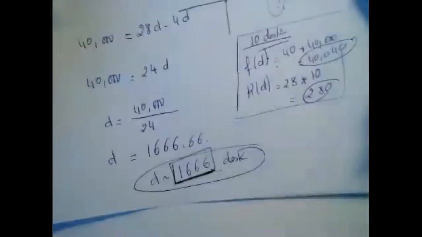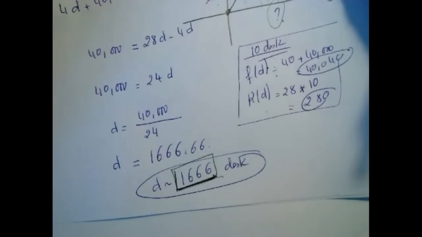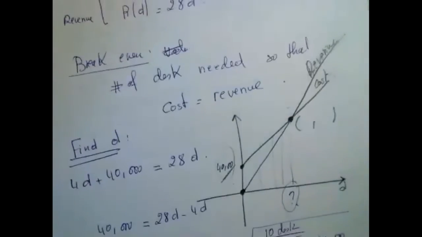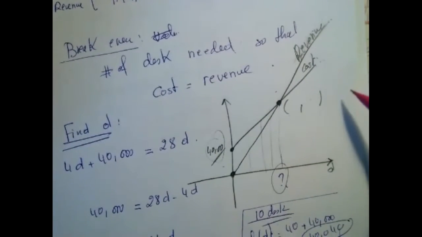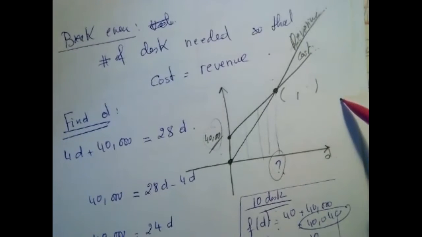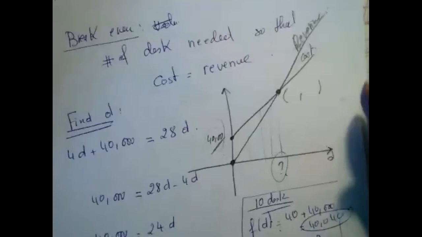Do we need to find the points, like what it will be on the graph? I don't understand the question. Please repeat. Now we know that when we break even, X is going to be approximately 1,666, so we don't need to find Y? Unless I ask you to.